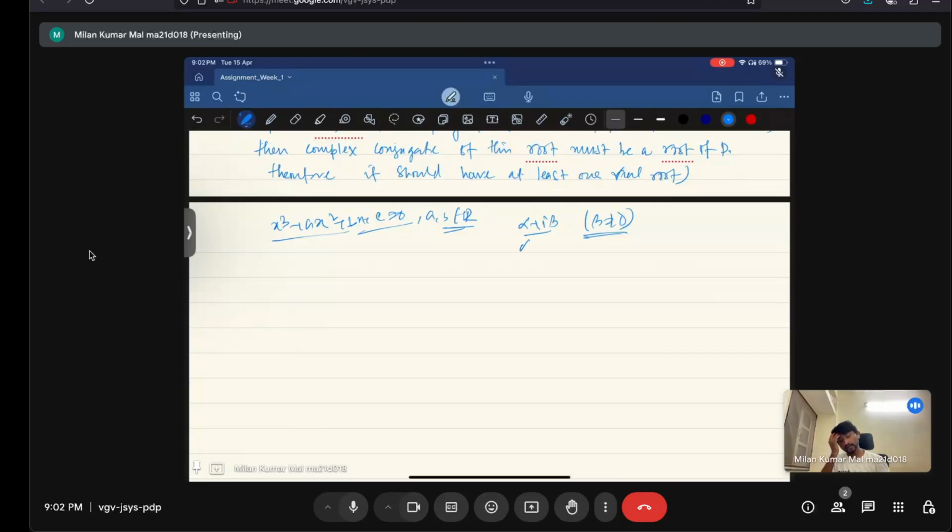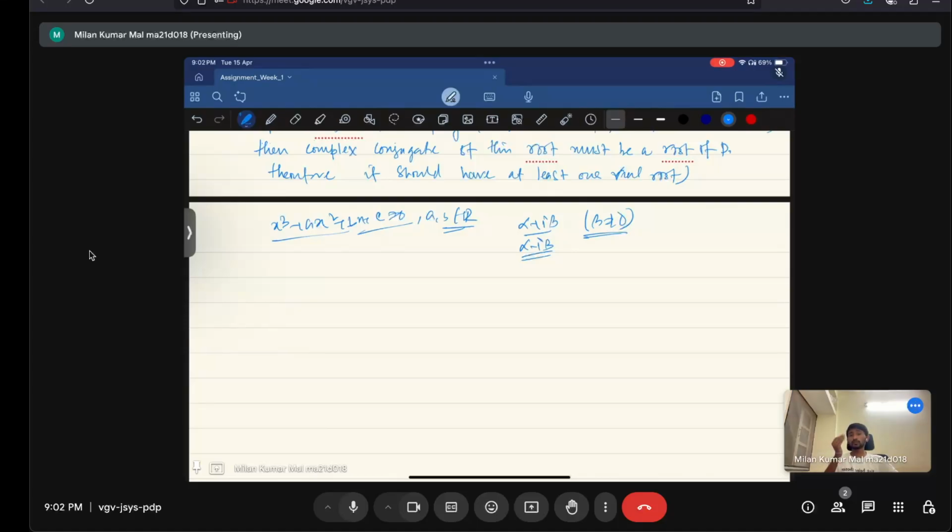Then alpha minus i beta has to be a root of this polynomial as well, and this is a degree 3 polynomial.